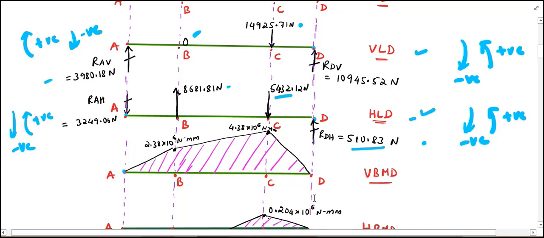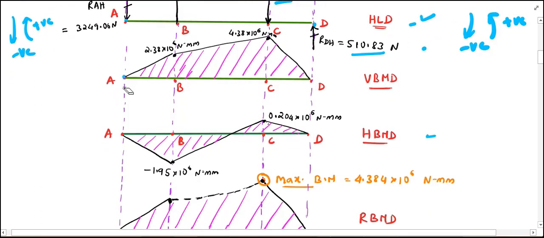Now coming to the VBMD, I can write the bending moment at A is equal to 0, bending moment at B is equal to 2.378, bending moment at C is equal to 4.38 into 10 power 6 Newton mm, and bending moment at D is equal to 0. Similarly, for the HBMD, horizontal bending moment diagram, bending moment at A is equal to 0, at B is equal to minus 1.95 into 10 power 6, at C is equal to 0.204 into 10 power 6, and at D is equal to 0.